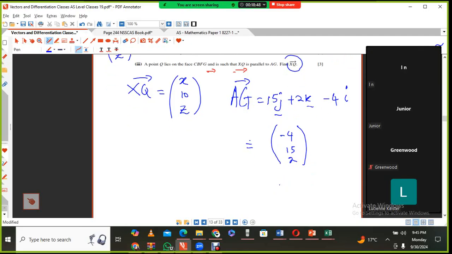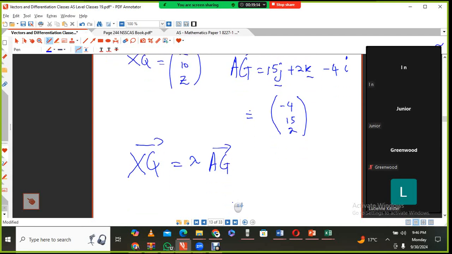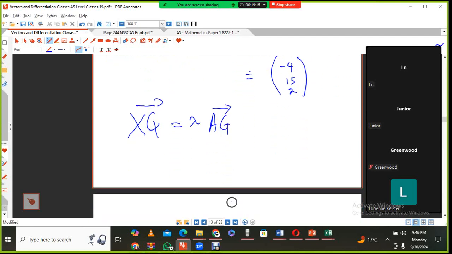In order for those things to be parallel, XQ should equal some scalar quantity. Sometimes we use a lambda; we could also have used the letter K. Is that fine? So what is XQ again?